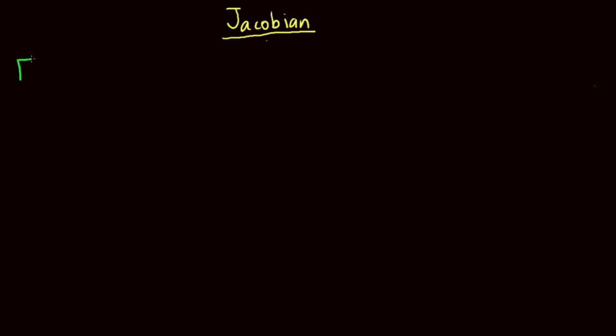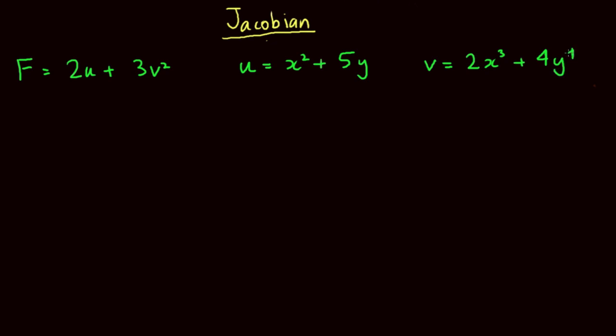We write it in terms of u and v, which is just 2u plus 3v squared. And we know that u is related to x and y by x squared plus 5y, that's u, and we have here v, which is just 2x cubed plus 4y to the power of 4.